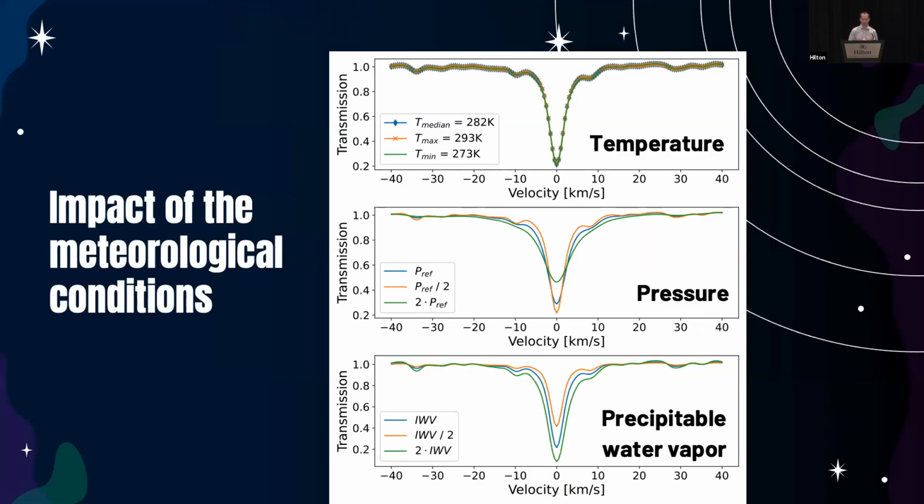We are performing a fit, and the two main parameters that you can play with to better represent your telluric model are the pressure of the atmosphere and the water content, so the depth of the line. Both pressure and precipitated water vapor will play on the depth of the line and on the shape.